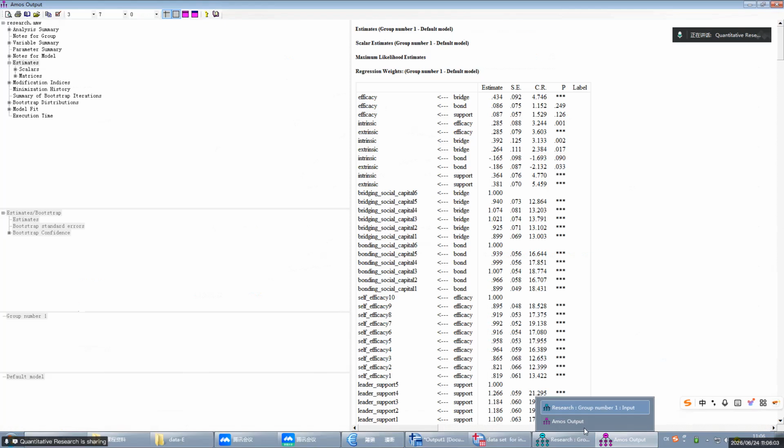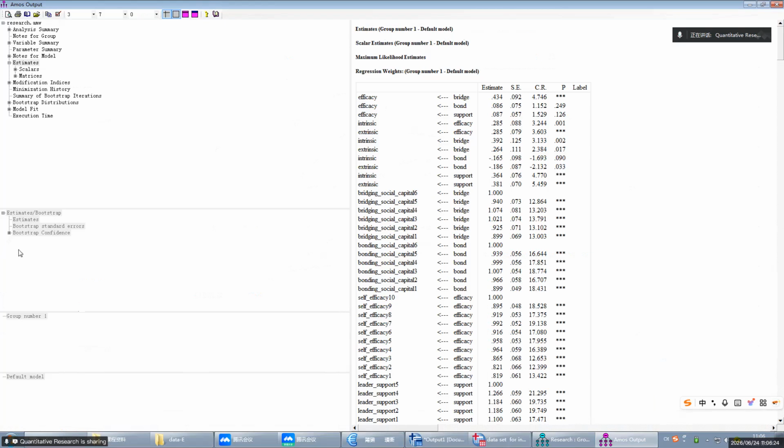So you cannot find the mediation results in here. Where can you find them? It's in a place where it's not easy to locate.